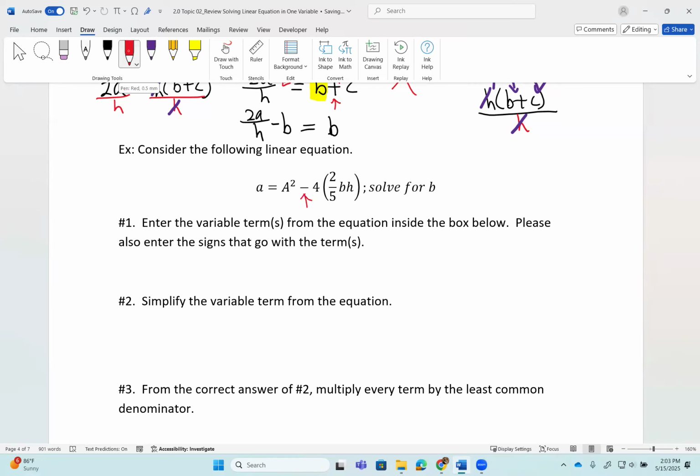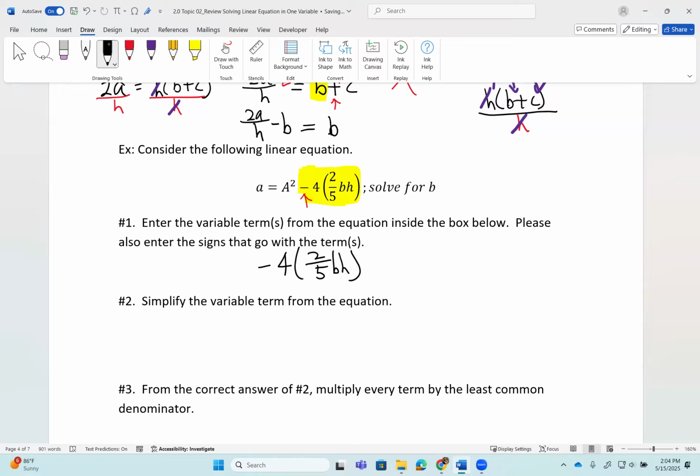So this is two separate terms. So the term that contains a variable is this term, right? This is just one big term because inside the parenthesis, there's no plus or minus sign. So inside the parentheses is only one term also. So enter the variable term that will be negative 4 times parenthesis 2 over 5 BH.